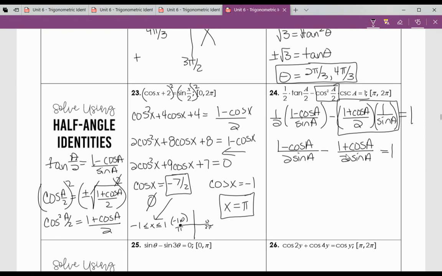Now, since I have a common denominator, I can combine the fractions over 2 sine alpha. 1 minus 1 cancels.